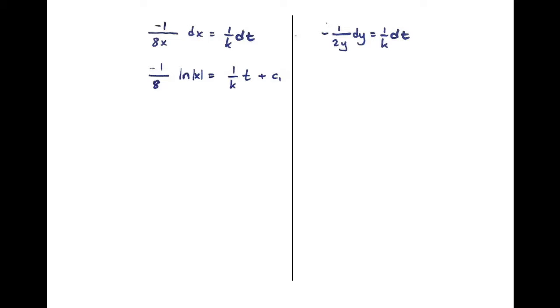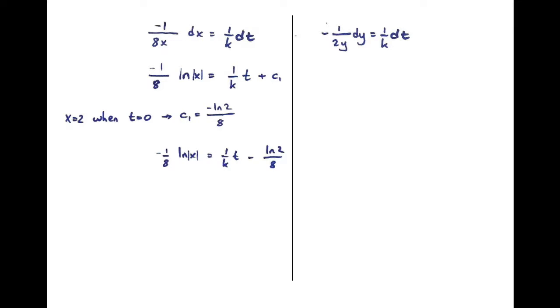I'm integrating this and I find -1/8 ln of x equals 1/k times t plus c1. I'm starting to run out of ideas for names of constants. We have an initial value as well at the beginning: when t equals 0, x is equal to 2, and that allows me to find the value of c1.